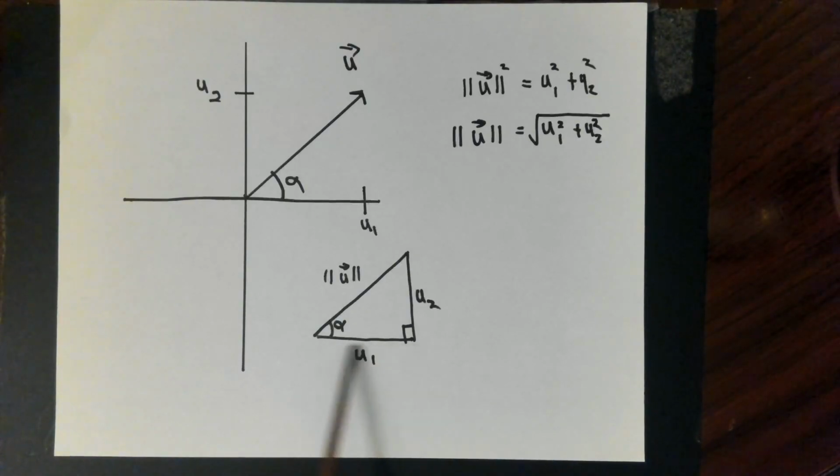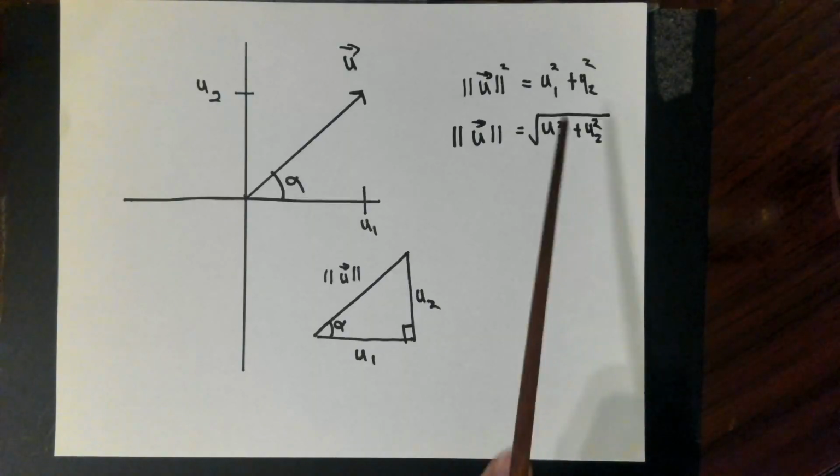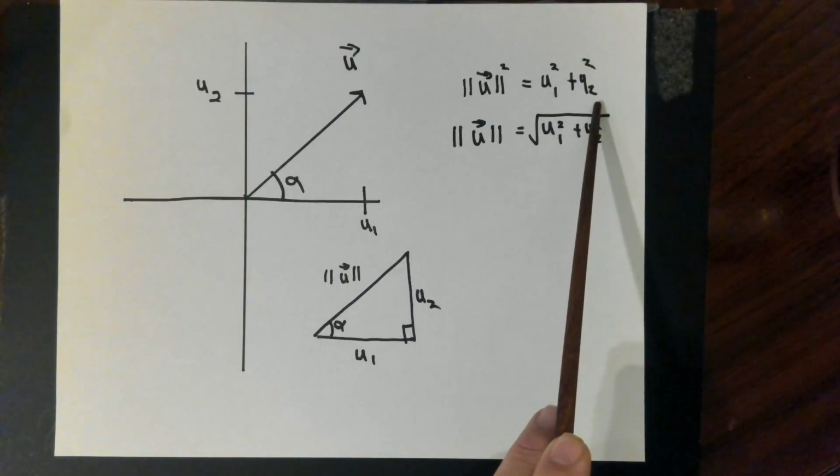This distance across the bottom is u1 if u1 is positive, negative u1 if it's negative. Likewise here, the possible negative signs make no difference because I'm going to end up in the Pythagorean theorem squaring those numbers anyway.